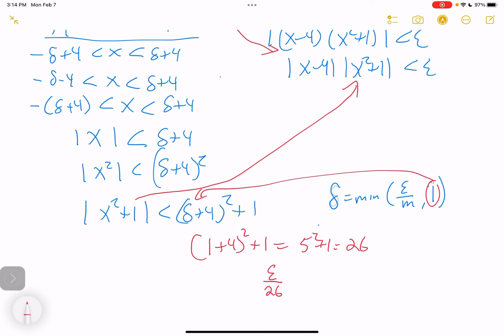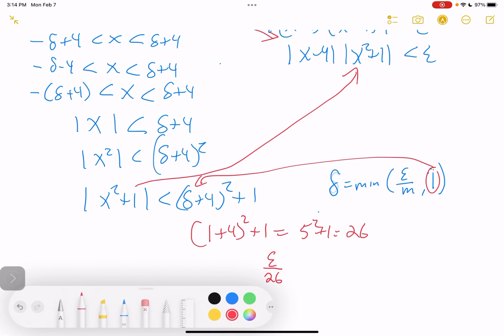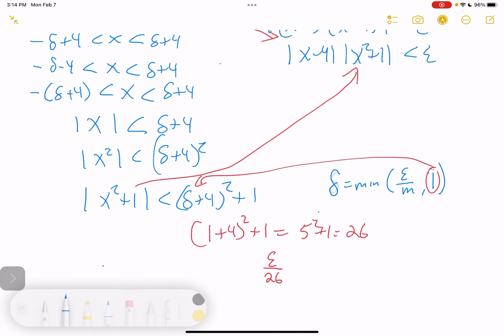Because what we're seeing here is that in forming this, we're trying to build it up to be the epsilon. Let me rewrite what I have up there down below: the absolute value of x minus 4 times the absolute value of x squared plus 1.